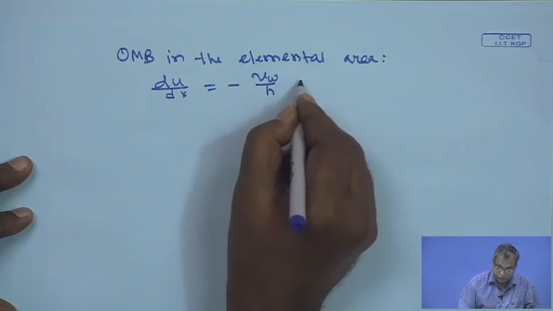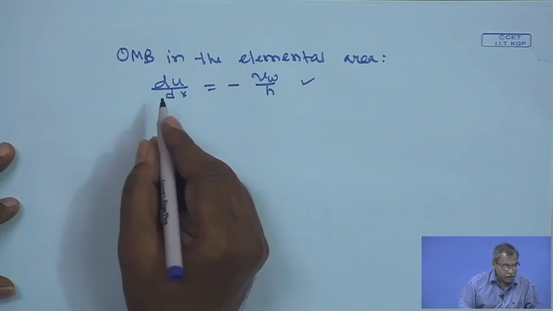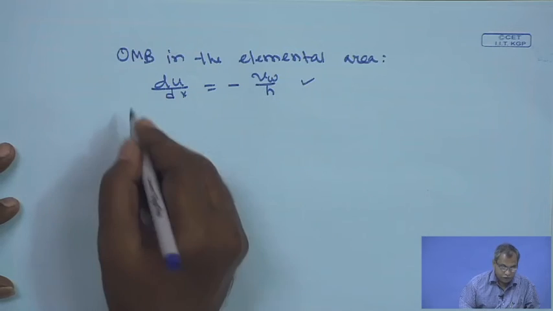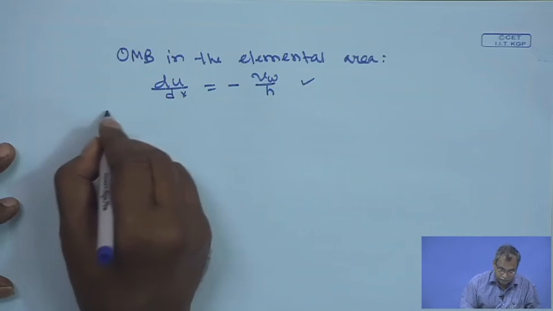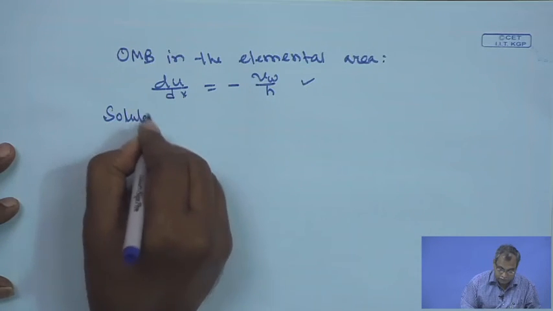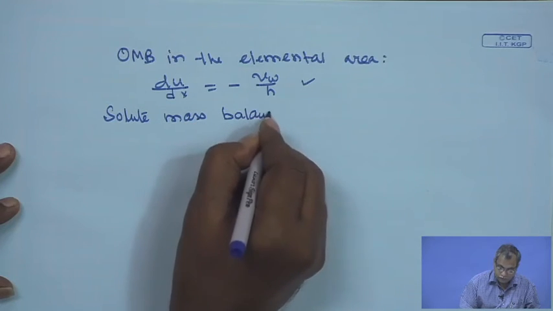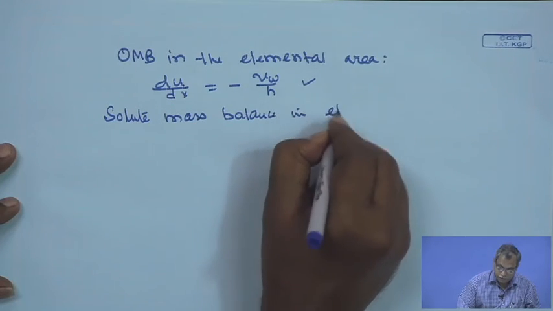So, this will be the governing equation of u in the channel, and V w is nothing but L p delta p minus delta pi. Then we do a solute mass balance in the elemental area.